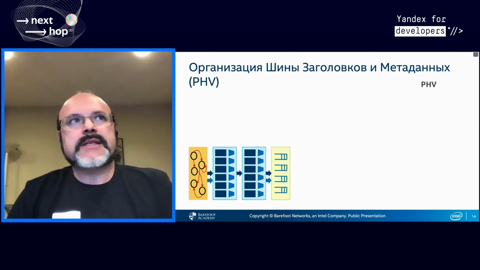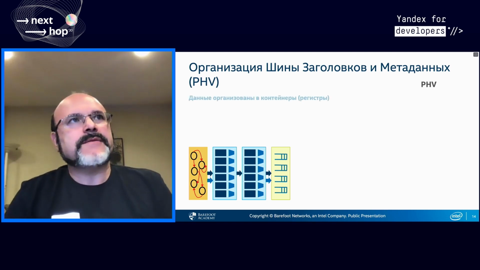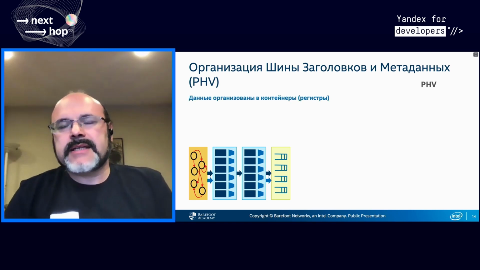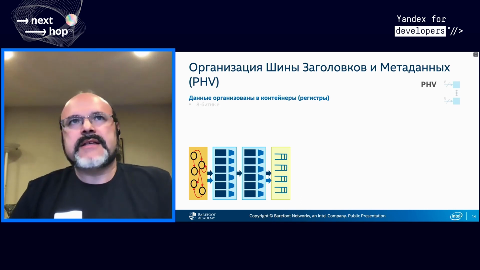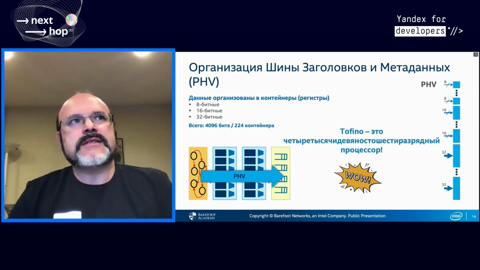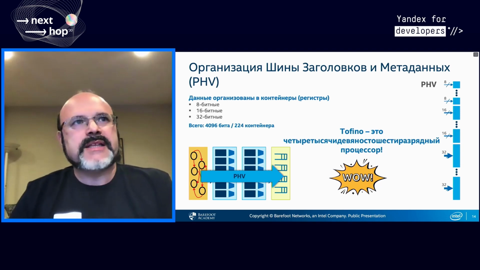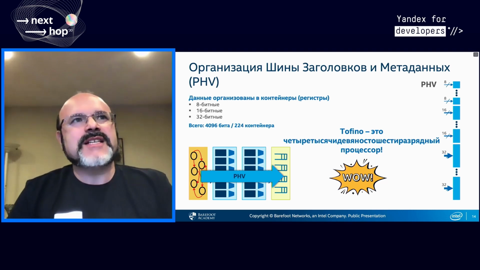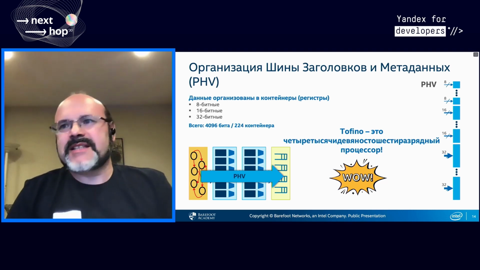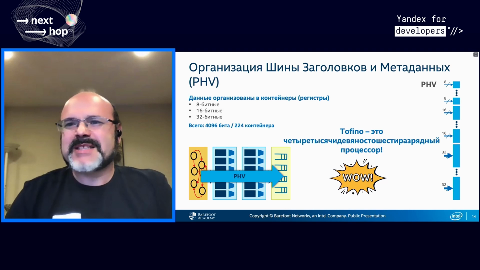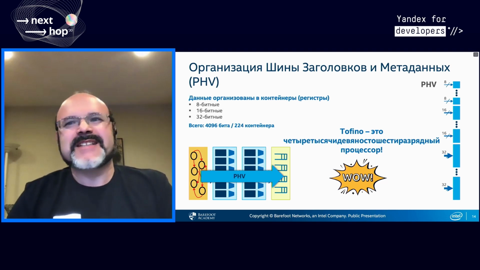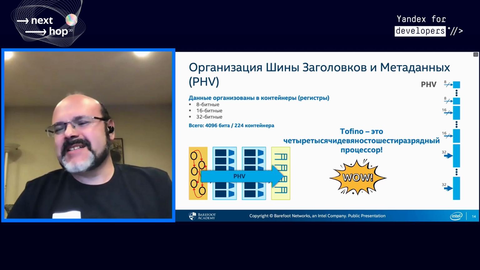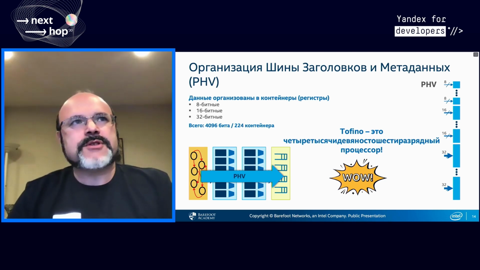One important thing in Tofino is the header and metadata bus, which exchanges all information, and data is put in containers or registers, which can be 8-bit, 16-bit, or 32-bit. In this bus, there's a total of 4 kilobytes. Of course, the young generation doesn't know what is less than 1 gigabyte, so it seems to be little.